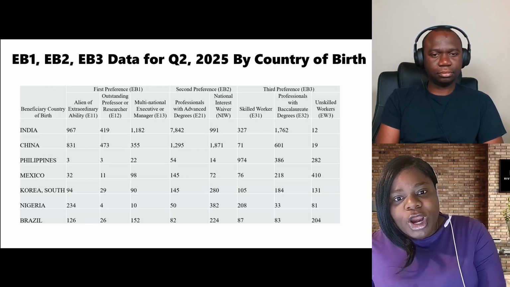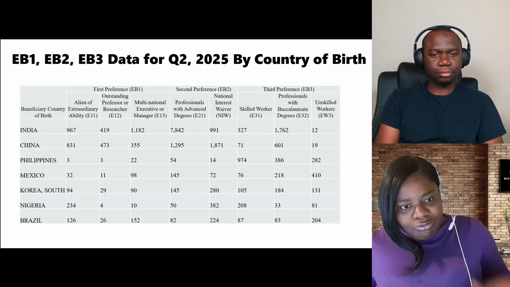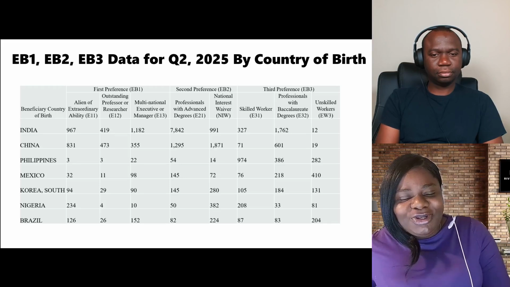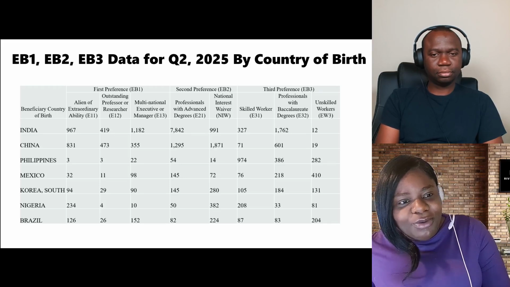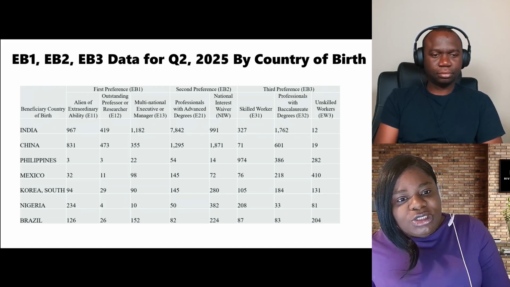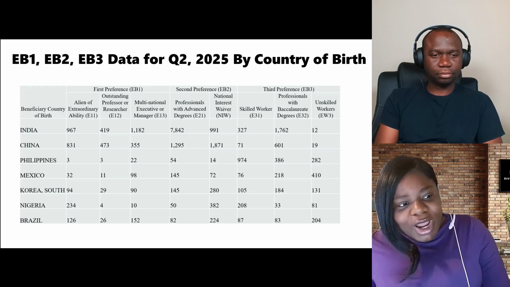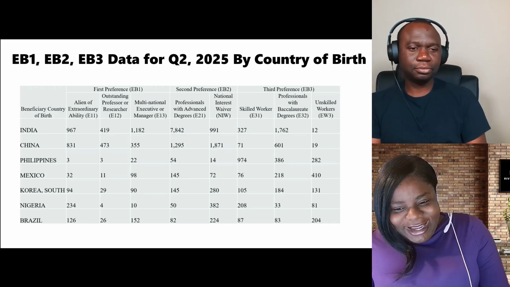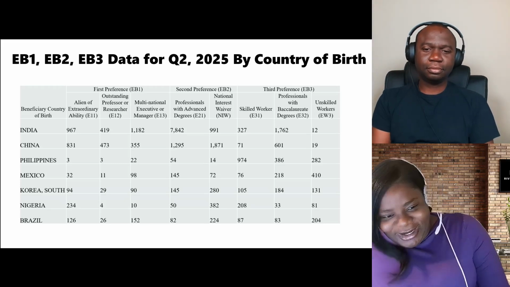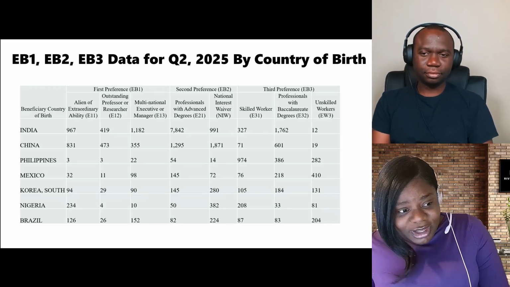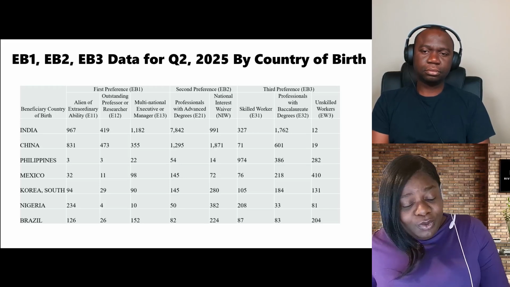And for Q2, we also see that this data is only for Q2, of course. For EB2, we see our NIW right here. I'm going to focus on Nigeria. You see that there's actually a difference: 234 for EB1.